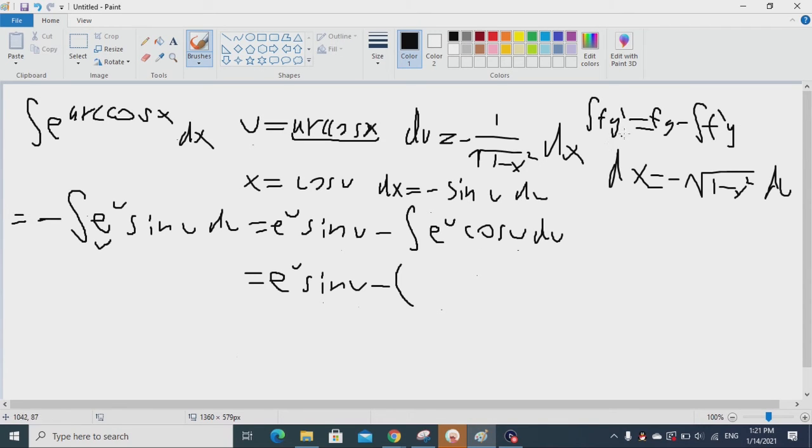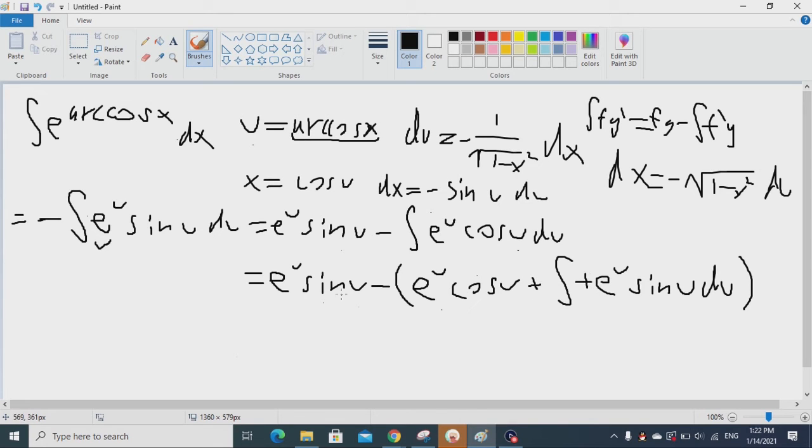And so inside the parentheses, the first thing we're going to get is e to the u cosine u since it's cosine this time. And then, of course, you subtract your integral. And now when you derive cosine, you get negative sine. So you're going to get negative and then e to the u sine u du.